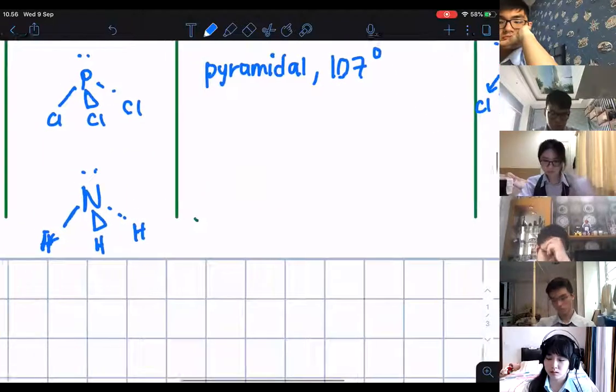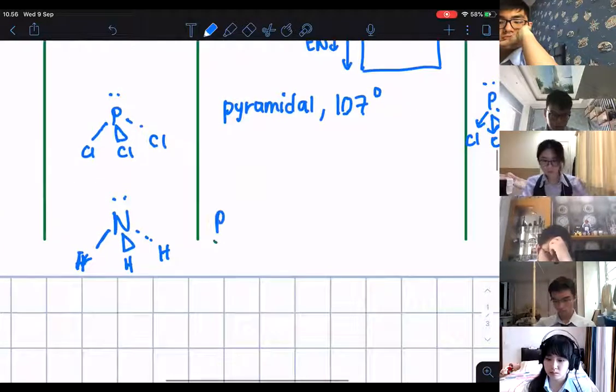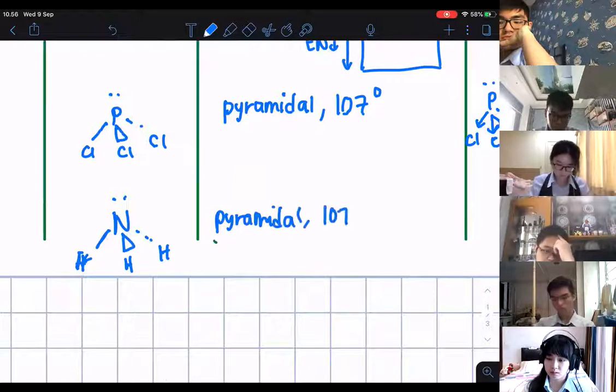Here the shape is going to be pyramidal, similar to just now, 107 degrees.